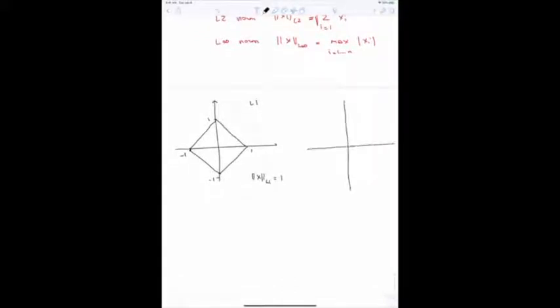Then we have the norm L2. Well, this one here is something that you should be familiar with. It's typically a circle. So this is 1, -1, 1, and -1. So these are all the points such that the norm L2 is equal to 1.